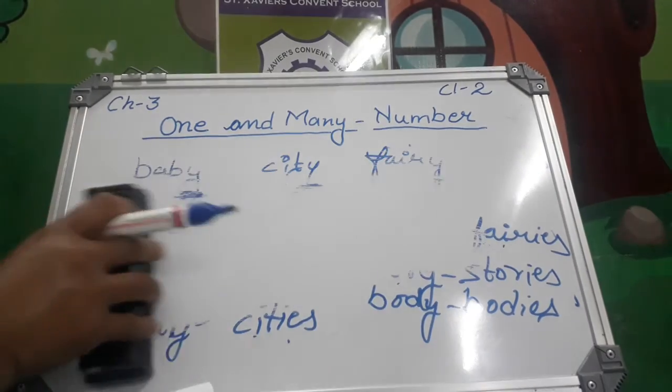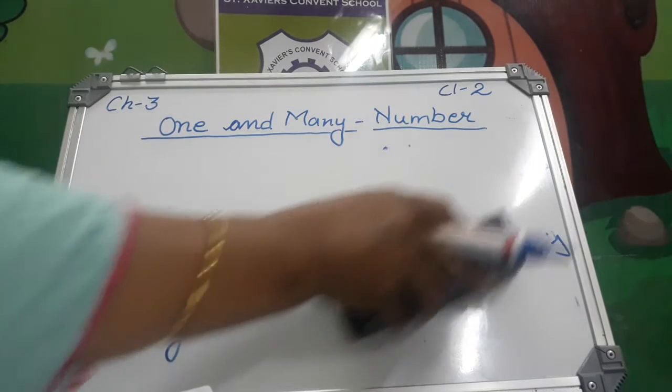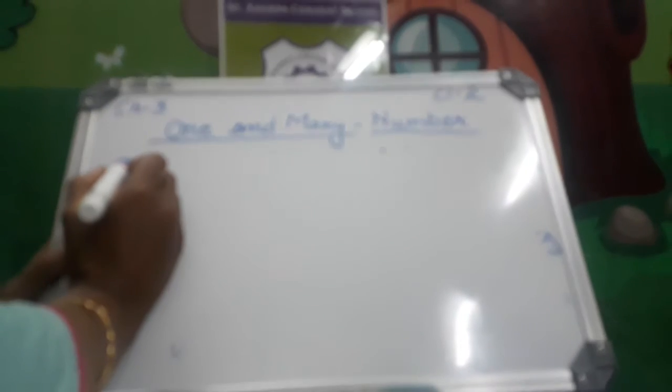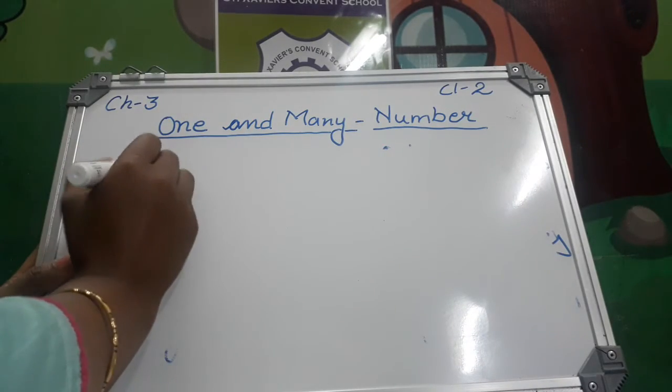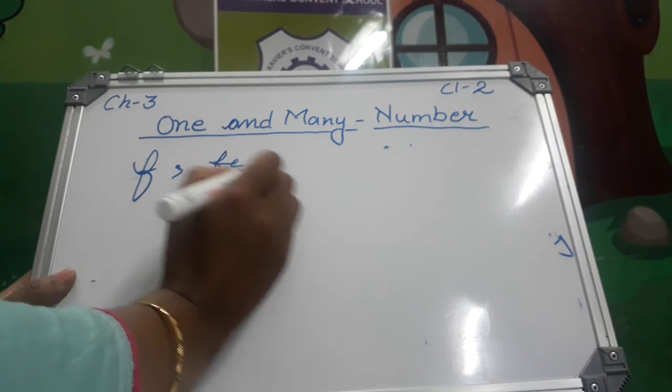Now, next is nouns ending with f or fe are changed into their plural form by replacing f and fe with ves. Some nouns end with f and fe.